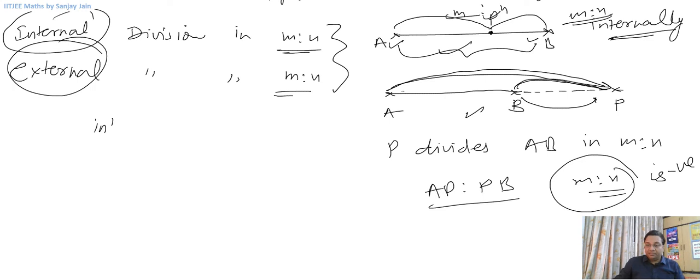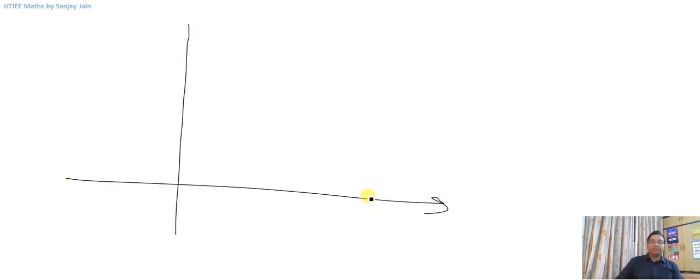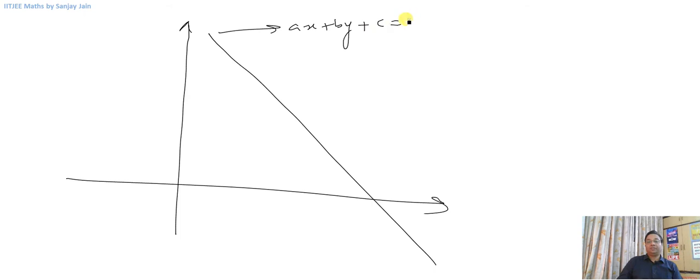Saying this, now let us draw the coordinate axes and think about a line and these 2 points. Let us say this is the coordinate axis that I am talking about, and this is the line ax plus by plus c equals 0. And this is one of the points, this is another point.